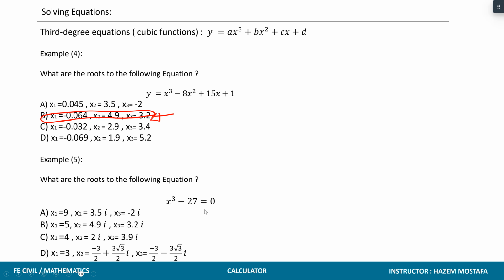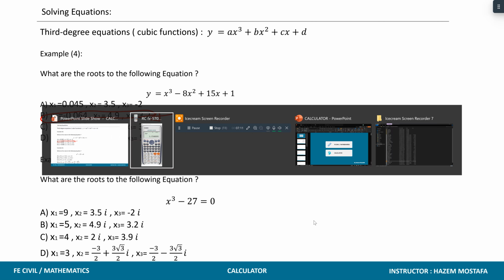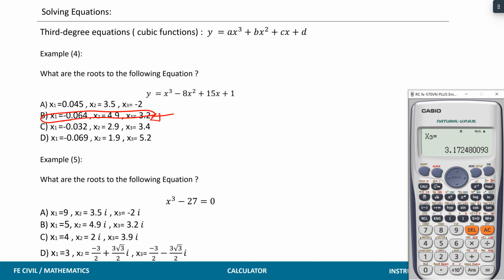We have another one here, x cubed minus 27. The coefficient here of x cubed is 1, equals, and for the coefficient of x squared, there is no x squared here, so it's equal to 0. And also for the coefficient of x, there is no x, so it's also equal to 0.